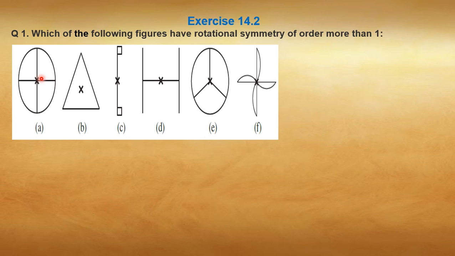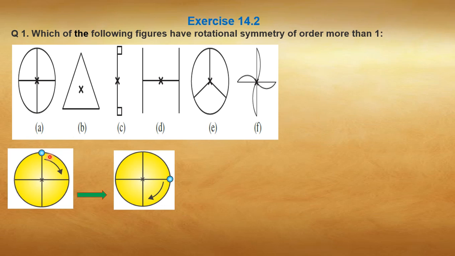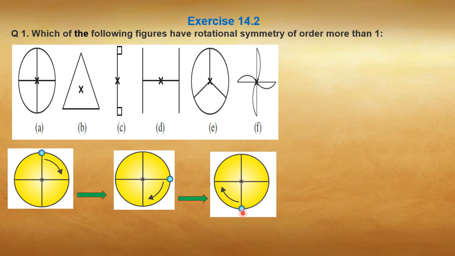So let us understand this. First of all, we take figure A, which is a circle. Let us take 4 equal parts of this circle. When it turns by one quarter part, the point which was previously at the top of the circle is now horizontal. When it rotates again by this quarter part, it will look like this.